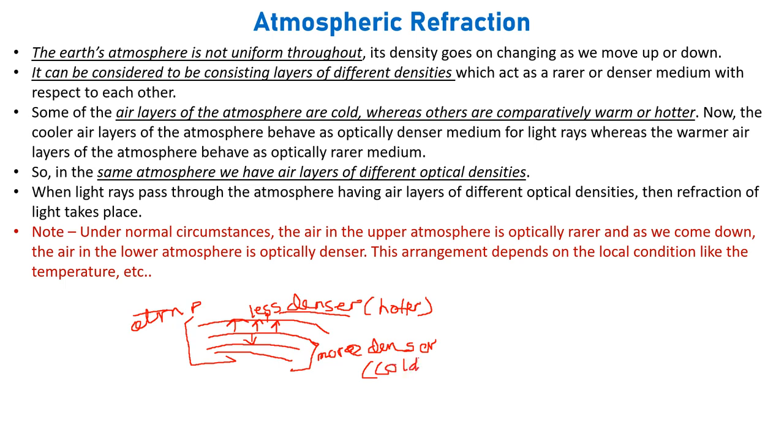So here we came to know that our atmosphere is made up of different layers of gases. Less dense is at the top and more dense is at the bottom. And if this is my earth, then I can make out that the layer of air closer to the earth is more dense, and the layer away from the earth is less dense.